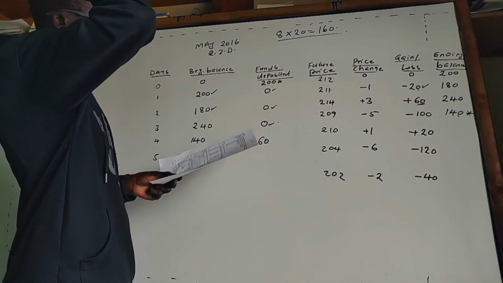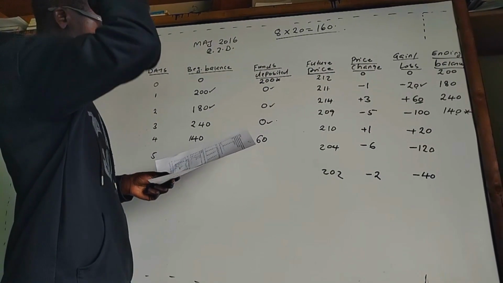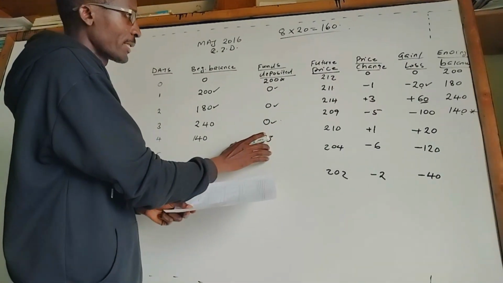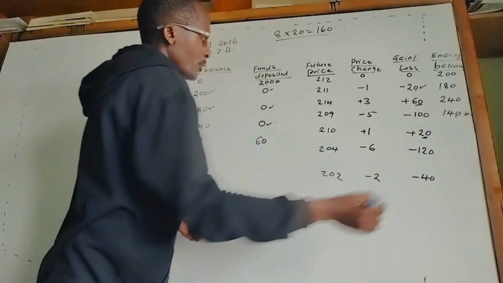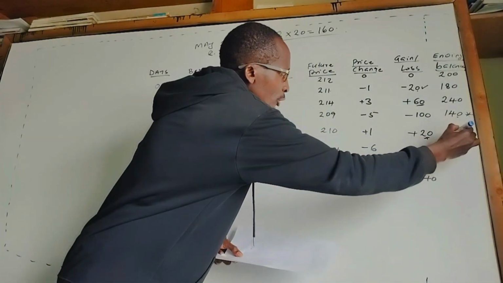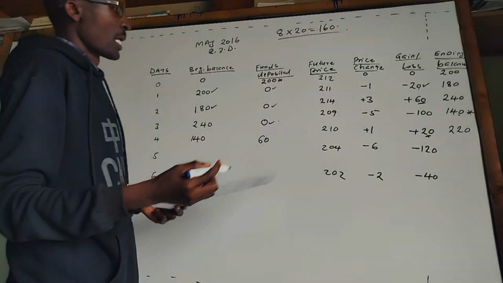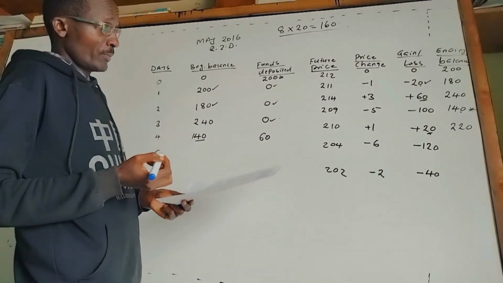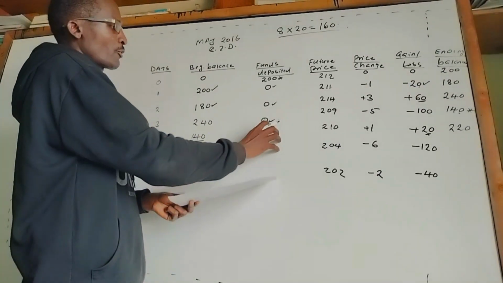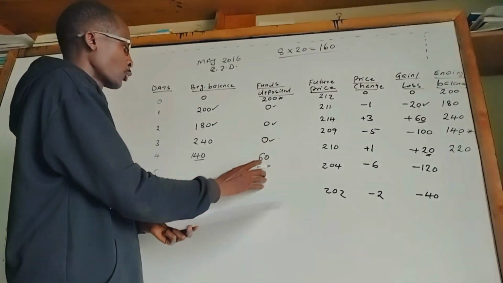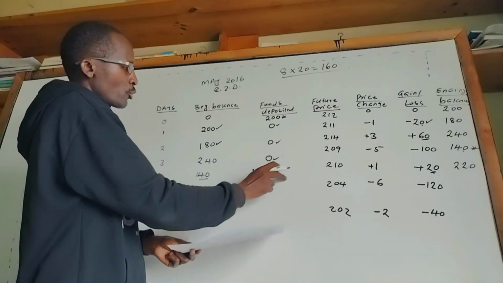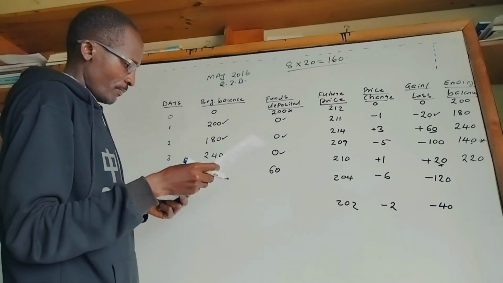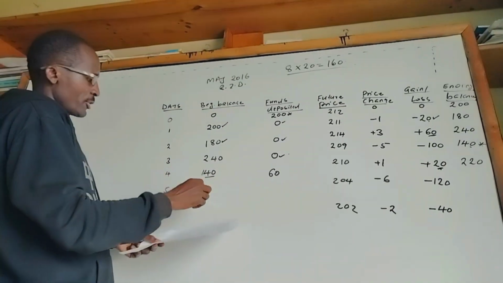So what is going to be our balance? That is the question. Because we have 140 plus 60, which is 200, plus 20 here, that means the closing balance will be 220, because the opening balance was 140, but you have to deposit 60 shillings to restore the figure to 200. So 200 plus this 20 is 220, and that becomes our opening balance here.